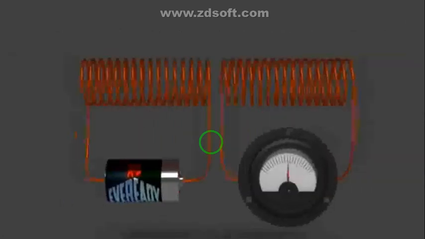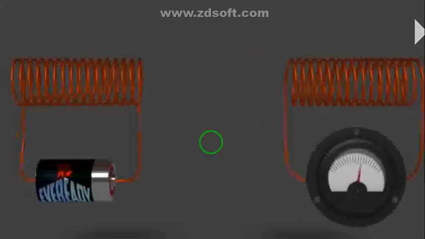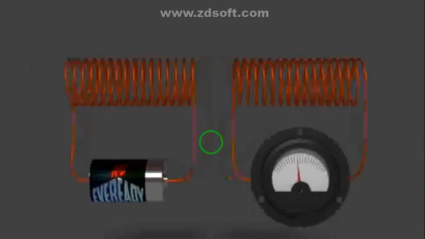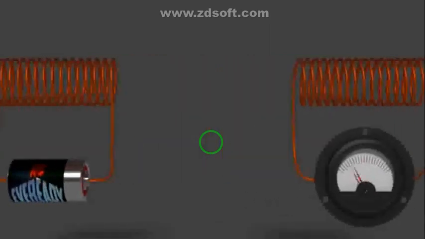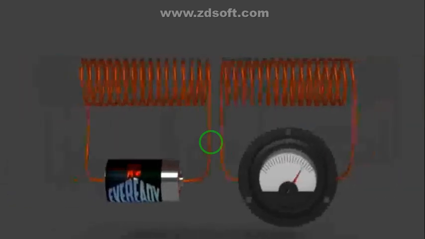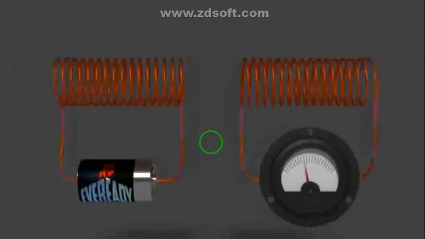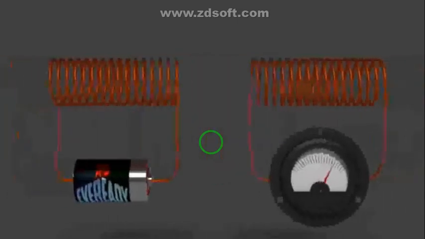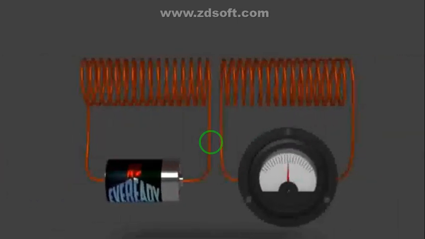If we observe the movement of the pointer in the galvanometer during movement of the first coil and second coil, we will find that the pointer moves in one direction when the two coils come closer, and in the opposite direction when the coils are going out of position.